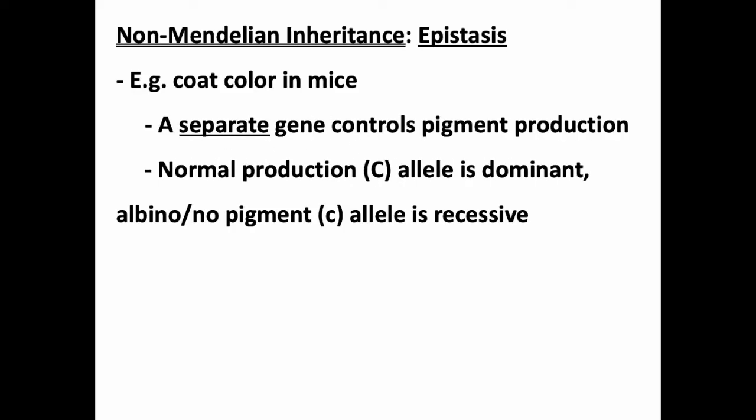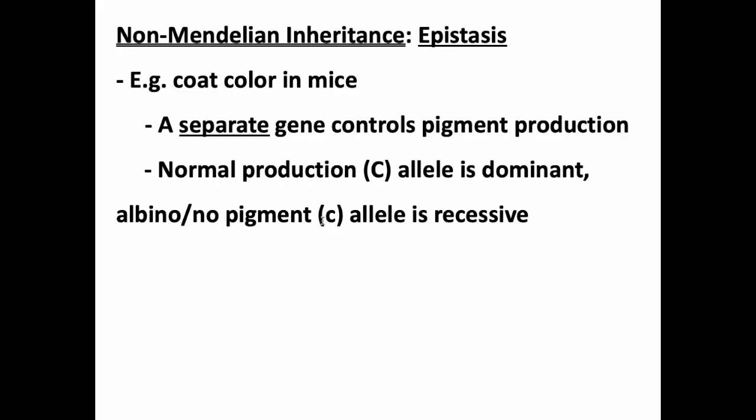There is a separate gene, a second gene, that controls whether the pigment is actually made or not. Normal production, capital C, I'm not sure why it's C, whatever, is dominant, but no pigment being produced, which results in an albino phenotype, is recessive, lowercase c.